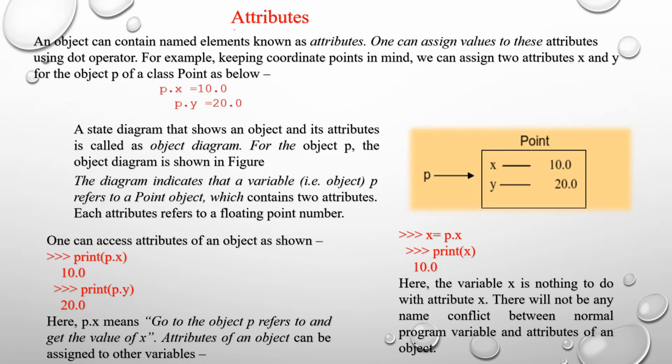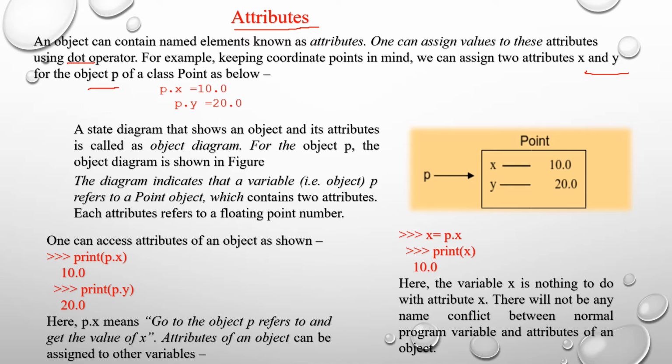Now we will look into attributes. An object can contain named elements known as attributes. One can assign values to these attributes using the dot operator. For example, keeping a coordinate point in mind, we can assign the two attributes x and y for the object p of the class Point.